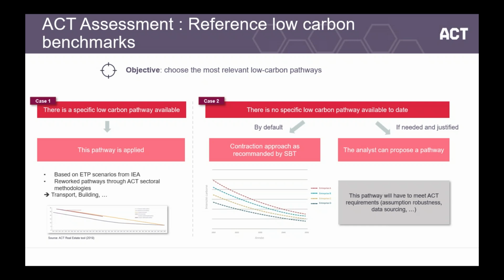So as a first proposal, by default, we can use what we call a contraction approach, as recommended in a sister initiative, Science-Based Targets, which is the easiest way to have access to a low carbon pathway that can be used to assess the performance of the specific company.